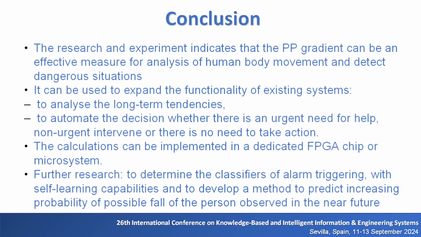Calculation could be implemented in a dedicated chip such as FPGA or microsystem, and the further research would be to determine classifiers for alarm triggering with self-learning capabilities, and to develop a method to predict increasing probability or risk of possible fall of a person. Thank you for your attention.